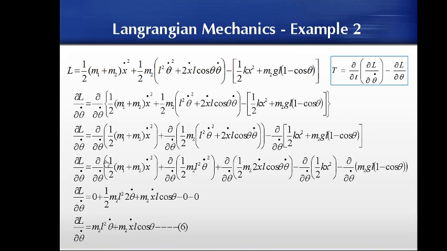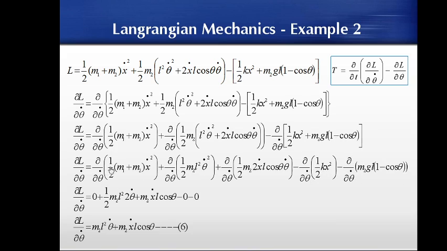On expanding the brackets, I will be getting ∂/∂θ̇ of ½(m1 + m2)ẋ² plus ∂/∂θ̇ of ½ m2 L²θ̇² plus ∂/∂θ̇ of ½ m2 · 2ẋL cos theta θ̇ minus ∂/∂θ̇ of ½kx² minus ∂/∂θ̇ of m2 g L(1 − cos theta).